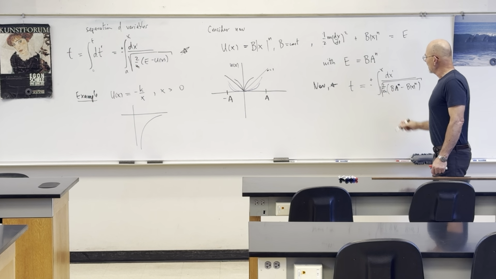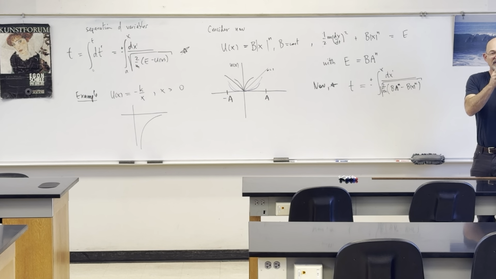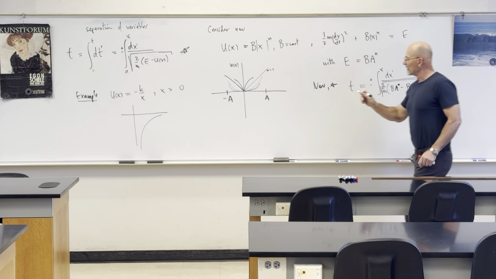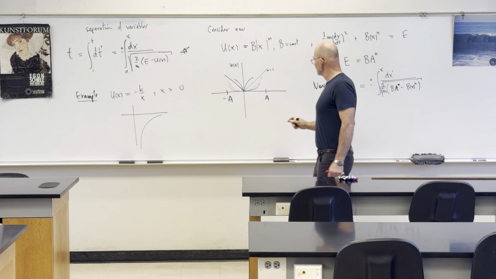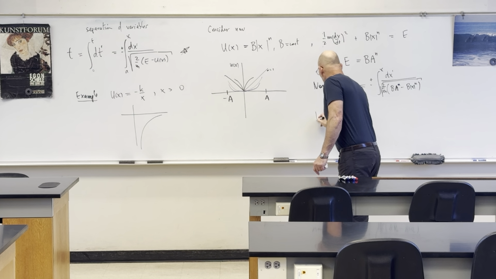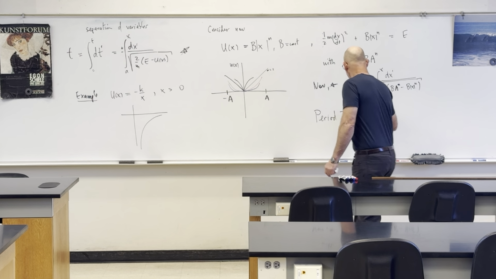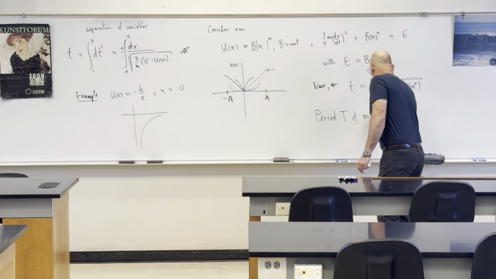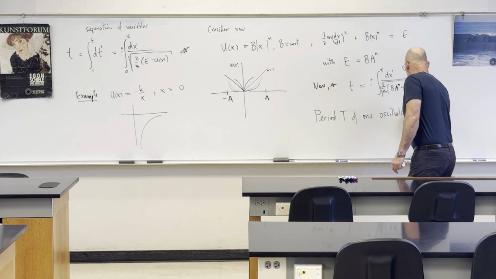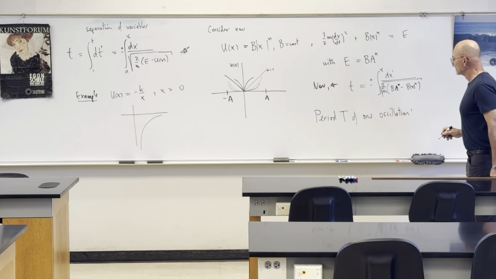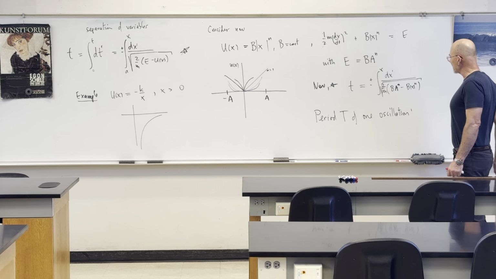And what we're going to ask for is the period of one oscillation, period T to go from A to minus A and back again. So x goes from A to minus A and back again.